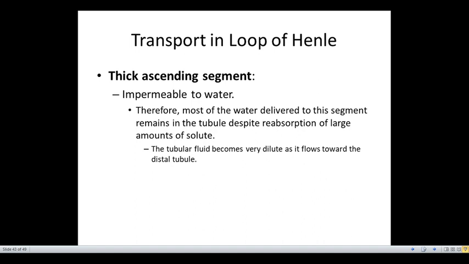Therefore, most of the water delivered to this segment remains in the tubule despite reabsorption of large amounts of solute. Hence, the tubular fluid becomes very dilute as it flows toward the distal tubule.